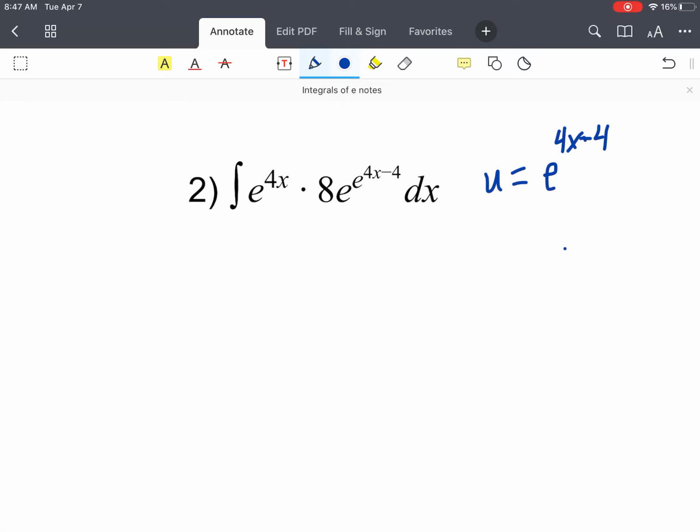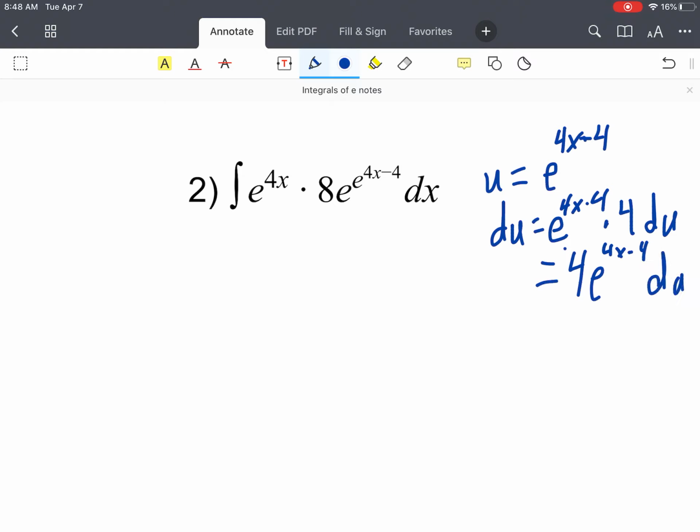So du, the derivative of u, the way we take the derivative of e is by writing it down and then multiplying by the derivative of the top. The derivative of 4x is 4. The derivative of 4 is 0. So we have 4e to the 4x minus 4 is our du.